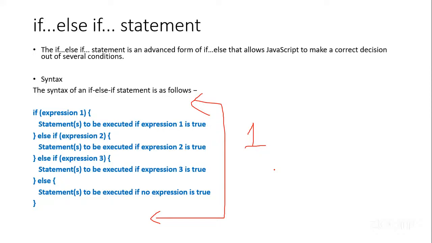We are going to check multiple conditions, but only one among those conditions becomes true. So if you have such requirements, we use the if else if statement. See the syntax, how to write if else if.